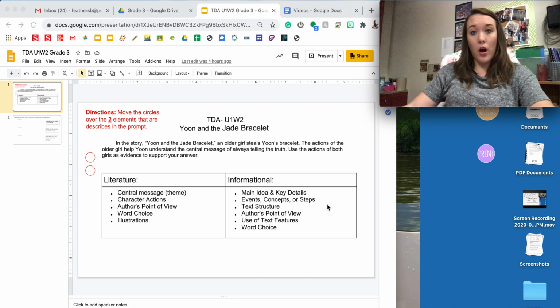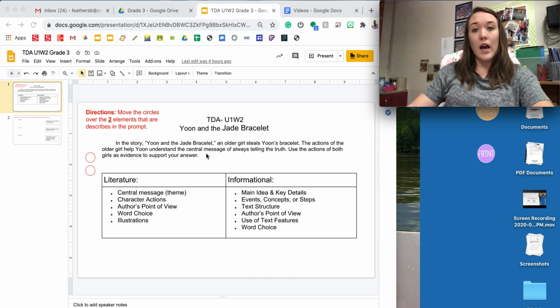Every TDA prompt has 3 sentences in it, and each sentence gives us different information. This first sentence always just gives us the title of the story and a little bit of a summary. The second sentence gives us what elements we're looking for, which I will go over here in a moment.